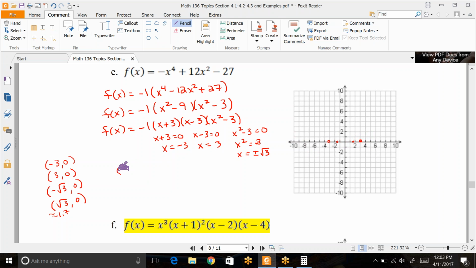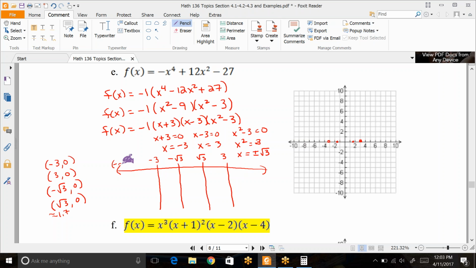We do our chart. Place these in order from least to greatest. So negative 3, negative square root of 3, positive square root of 3, and 3.